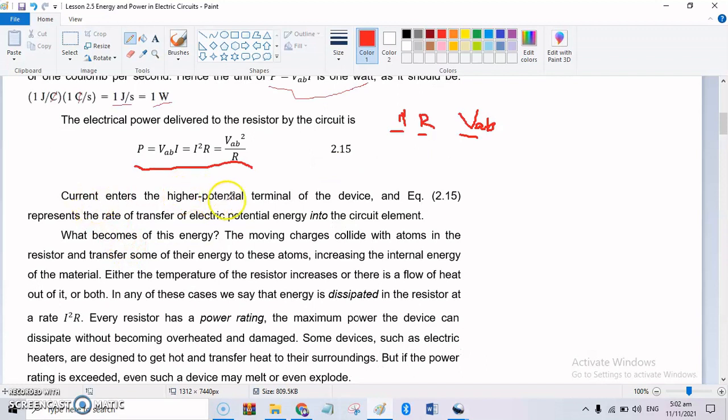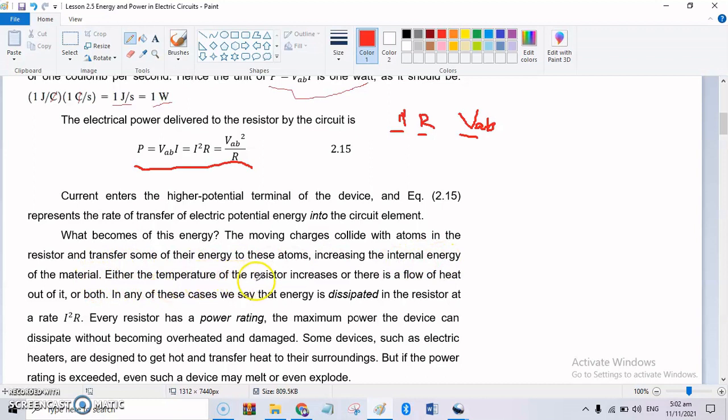Current enters the higher potential terminal of the device. This represents the rate of transfer of electric potential energy into the circuit element. What becomes of this energy? The moving charges collide with atoms in the resistor and transfer some of their energy to these atoms, increasing the internal energy of the material.